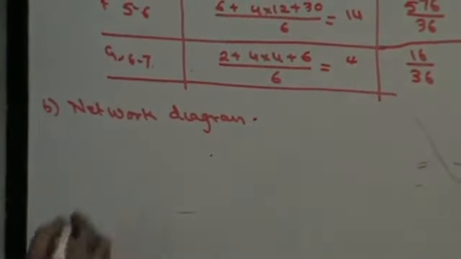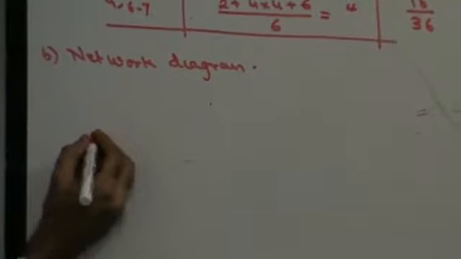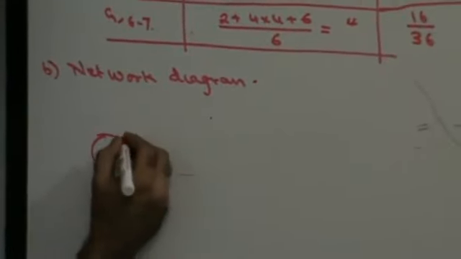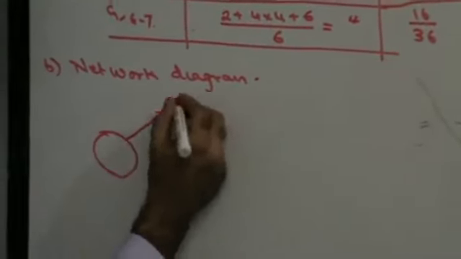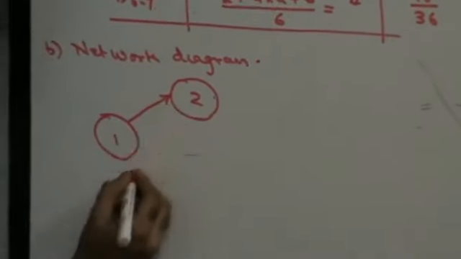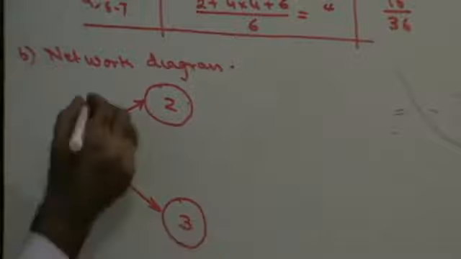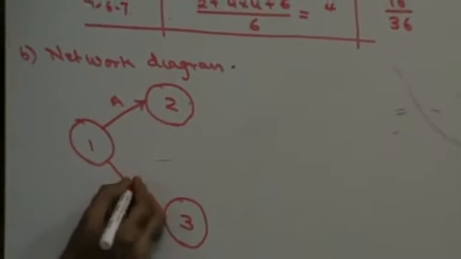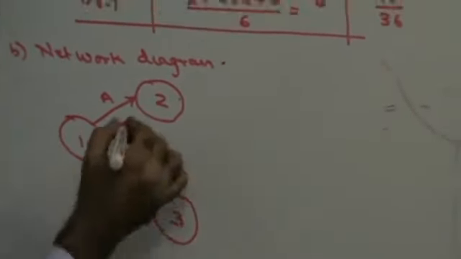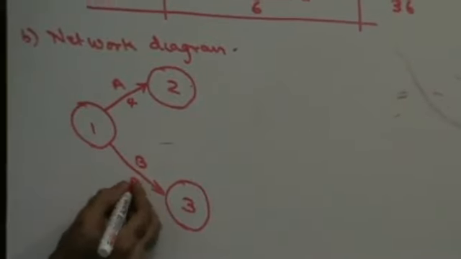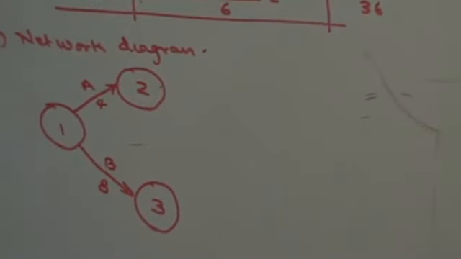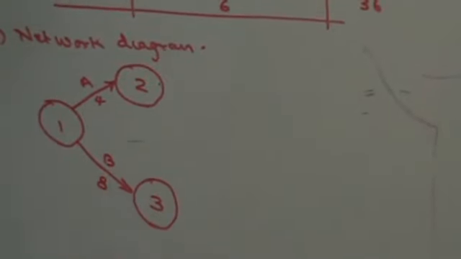Now from 1 you have 2 and 3. From 1 to 2 is activity A, and activity B is 1 to 3. This is 4 weeks and this is 8 weeks. Then from 1 you also have 4.